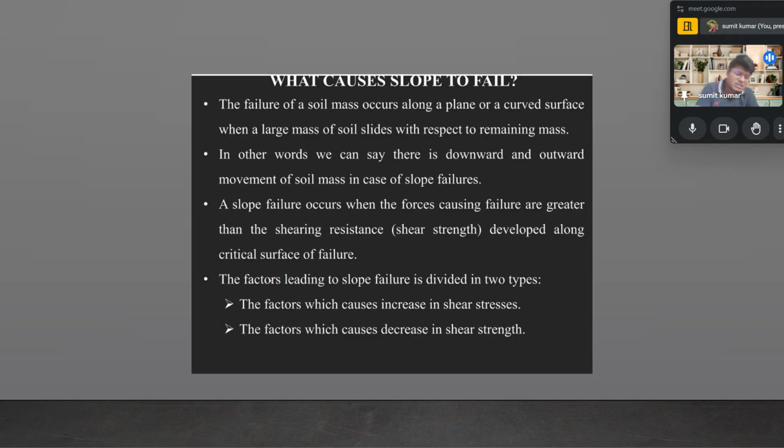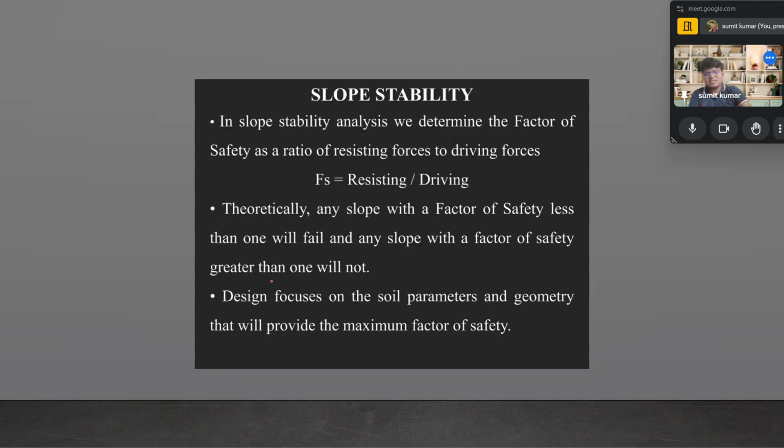Now, regarding slope stability, in the analysis we determine the factor of safety, the ratio of resisting force to driving force. So factor of safety is resisting force by driving force.